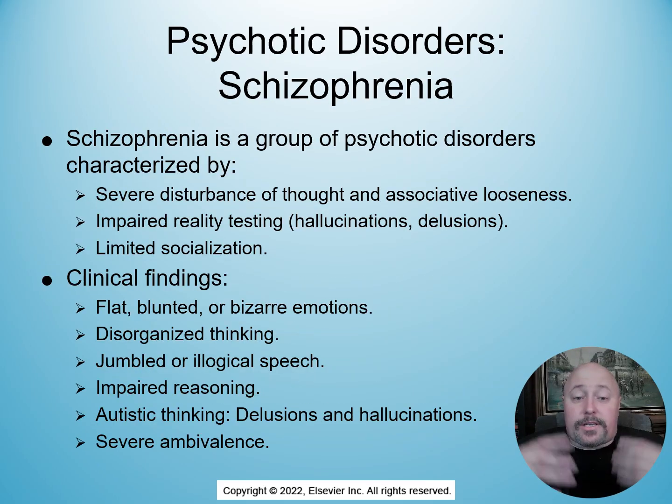Schizophrenia. This is going to be a group of psychotic disorders that are characterized by severe disturbances of thought, associative looseness, hallucinations, whether they're visual or auditory, impaired reality testing, limited socialization, and some clinical findings could be everything from flat, blunted, or bizarre emotions, disorganized thinking, jumbled or illogical speech, impaired reasoning, and severe ambivalence.